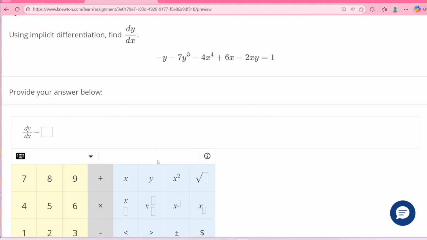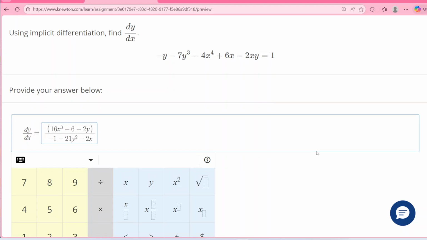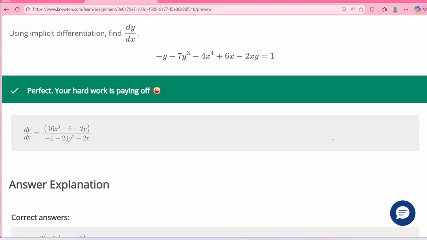All right, so up top, in parentheses, 16x cubed minus 6 plus 2y, and then in the denominator, -1 minus 21y squared minus 2x, and I think that's pretty much everything I've written. Great.